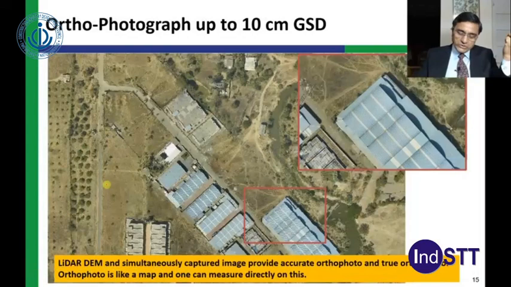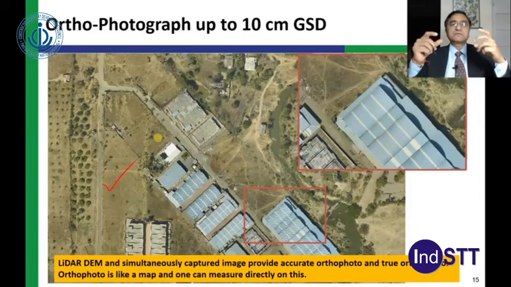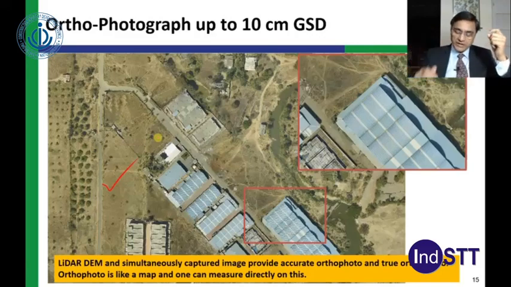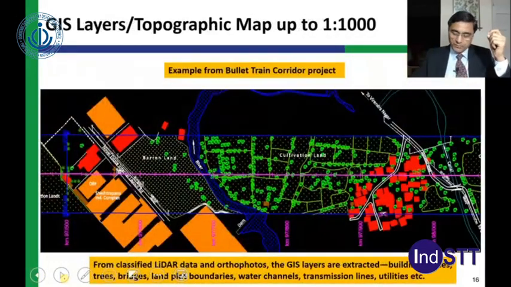We also have the ortho photograph. An ortho photograph is just like a map. You can carry out measurements on this. For example, if you want to measure this distance, you can measure it on the ortho photograph, because its characteristic is of a map, but visually it is a photograph. So it is a very good data product for any planning.